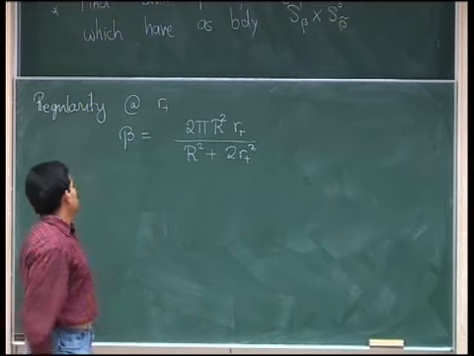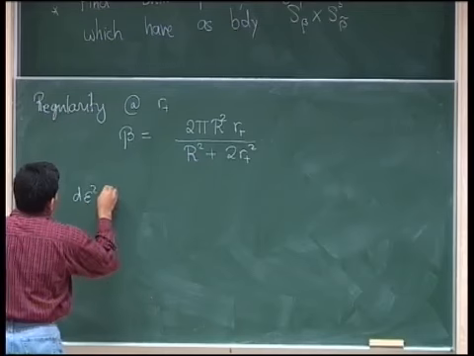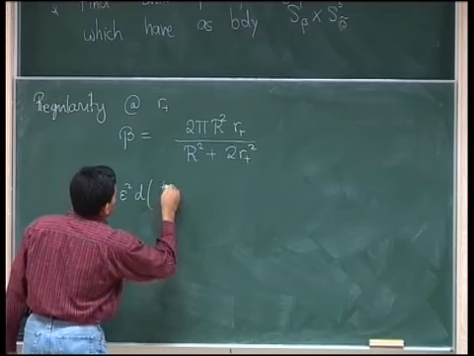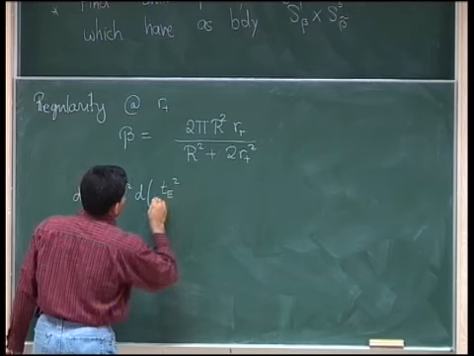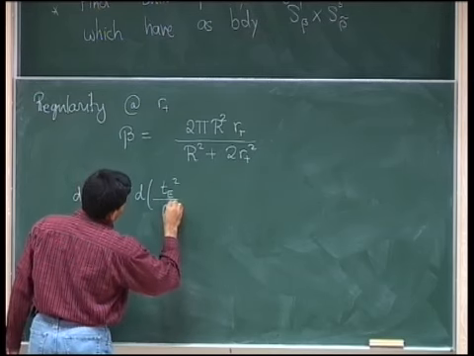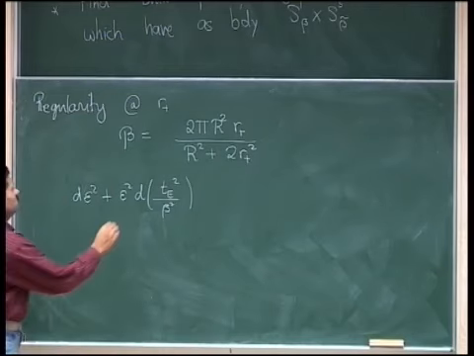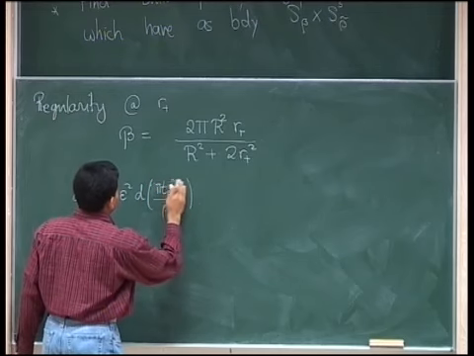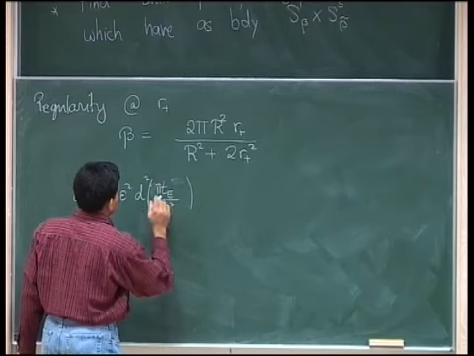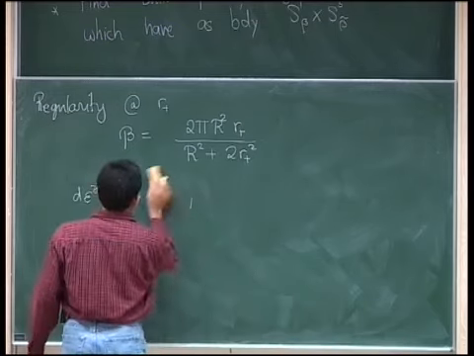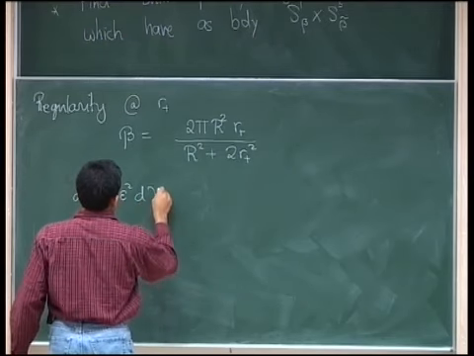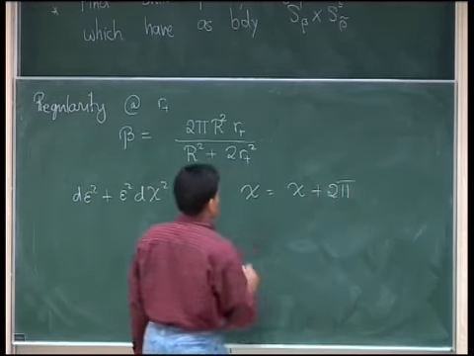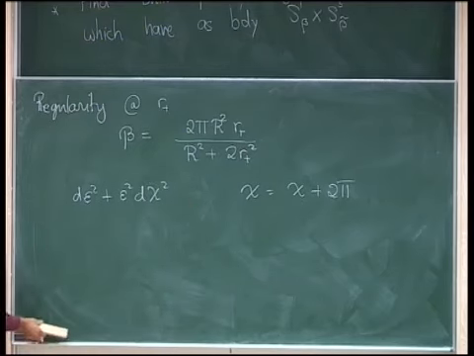So you should get some metric d epsilon squared plus epsilon squared, let me write it as chi, makes it a bit clearer, where chi has period 0 to 2 pi.